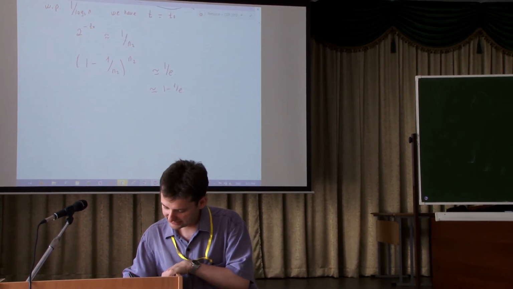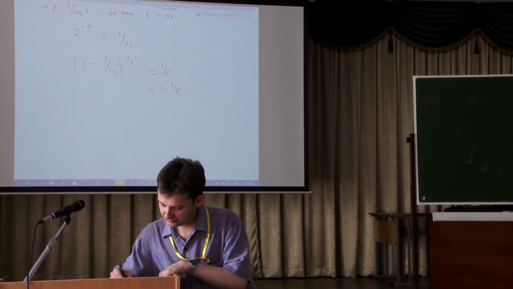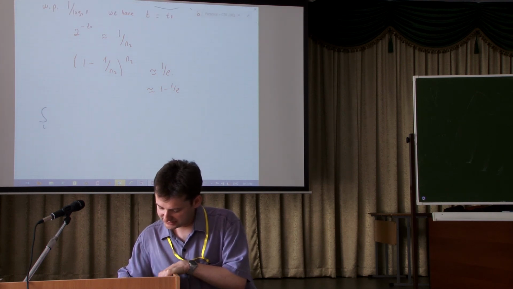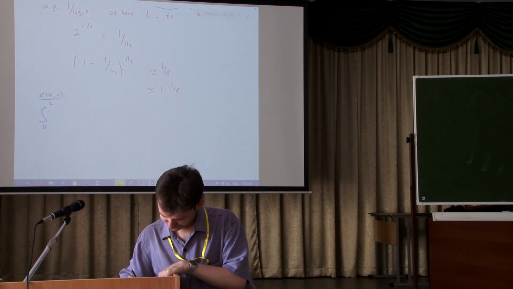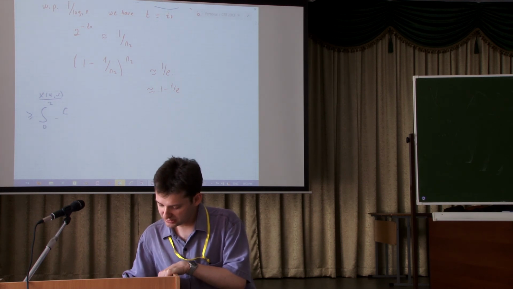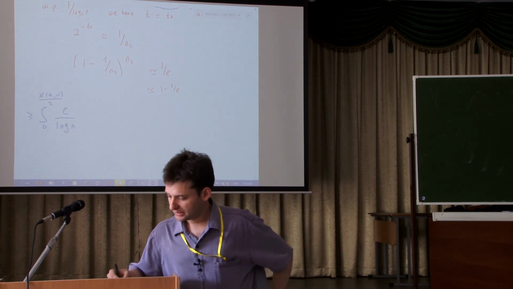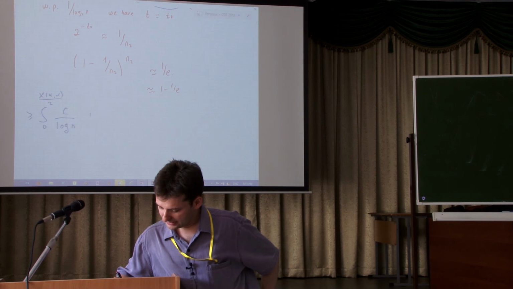So what we get, continuing that integral, is the integral from 0 to x_uv over 2. And here we get some constant because of these computations, and log n, because 1 over log n is the probability that t is equal to t0, and here we have dt.